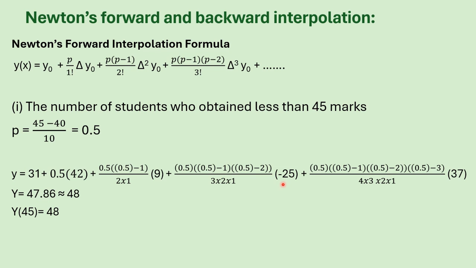Now we have one more value, so this is p into p minus 1, p minus 2 and p minus 3 divided by factorial 4, which is 4 into 3 into 2 into 1, into delta to the power 4, which is 37. On simplifying this, we get 47.86, which is approximately 48. So for 45, the number of students who scored marks less than 45 is 48. Okay, now we'll go to the second part of the question.